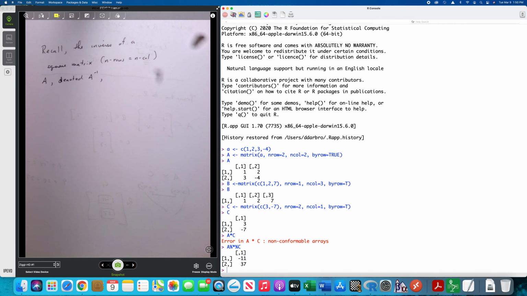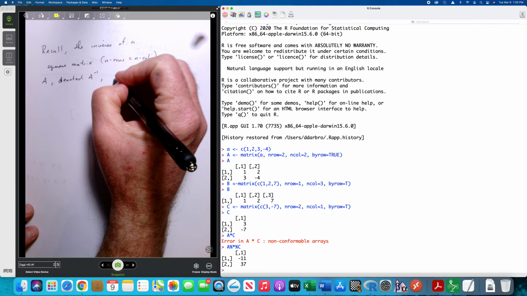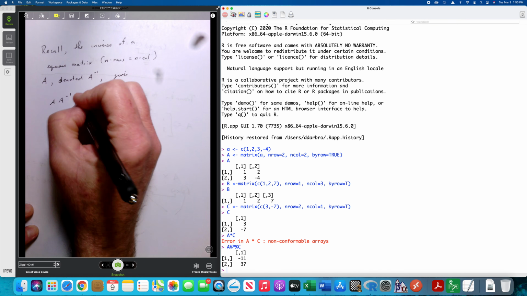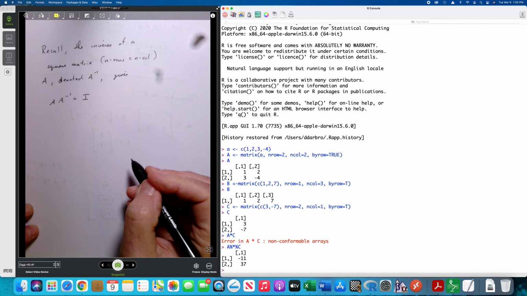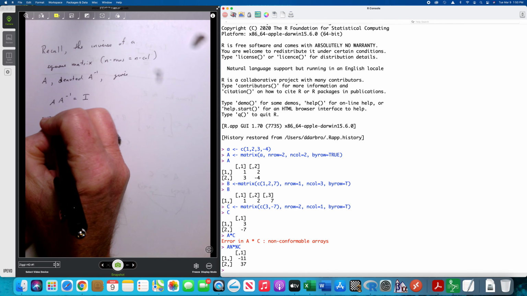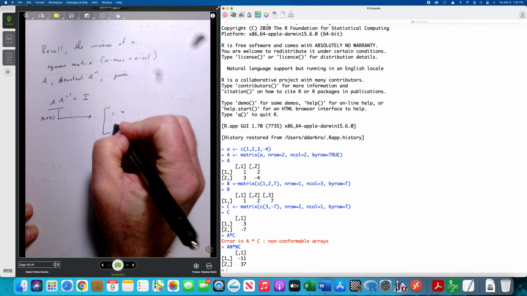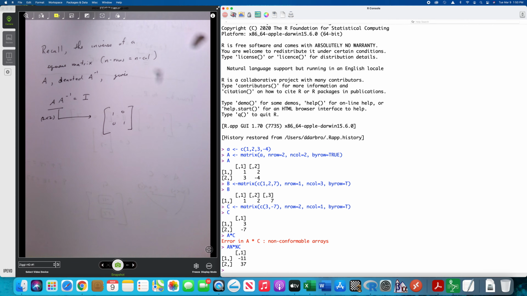So the inverse of a square matrix A, which is denoted as A inverse, gives the identity matrix. So if we have a 2 by 2, when we multiply these two matrices together, we are going to expect to get the identity matrix, 1 0 0 1.